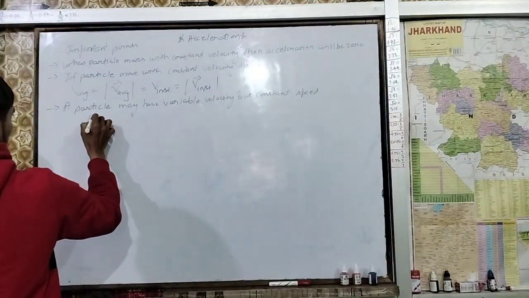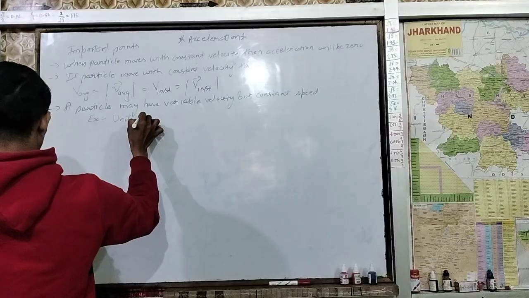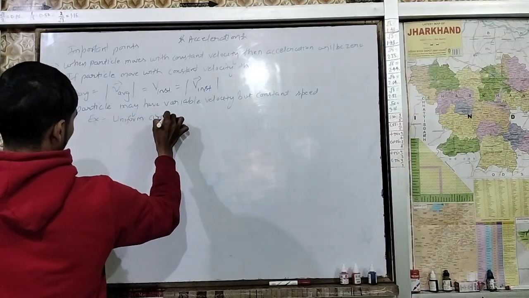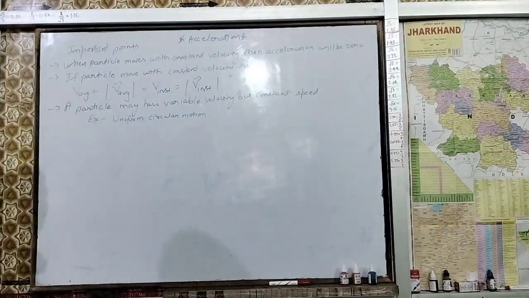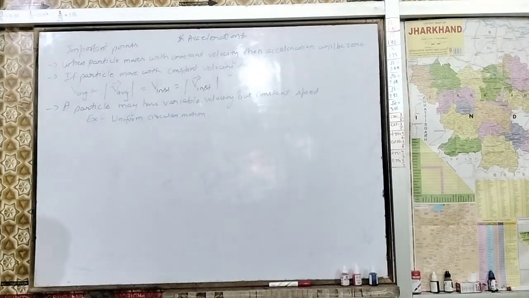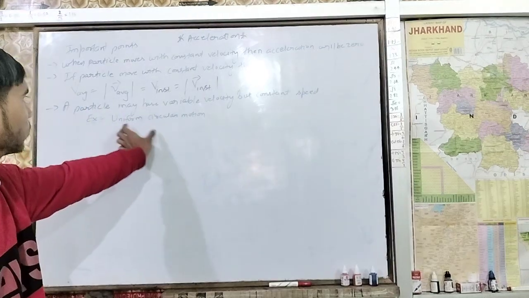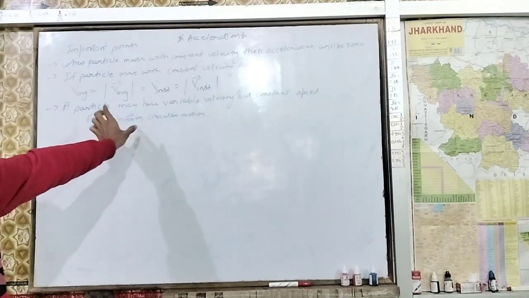For example, uniform circular motion. A particle may have variable velocity but constant speed. Over here, the speed is the same. The speed is a constant.